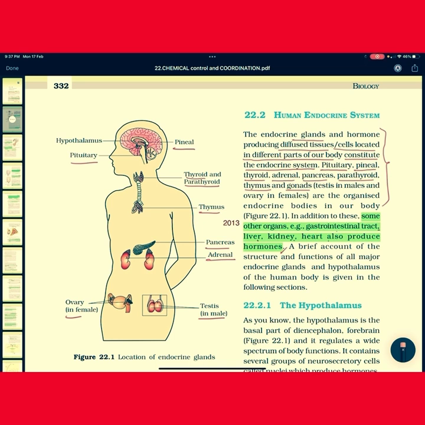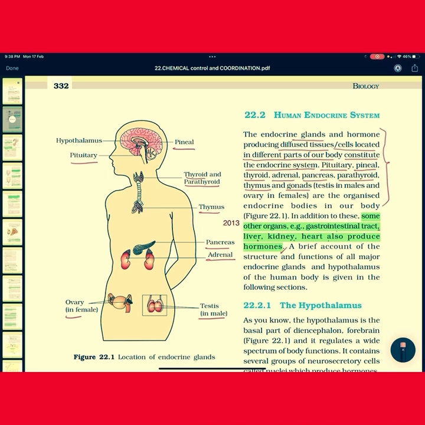Now let us take the kidney. The kidney filters the blood and nitrogenous waste, but it also produces hormones. The hormones are erythropoietin, secreted by the kidney, and renin, secreted by the kidney.